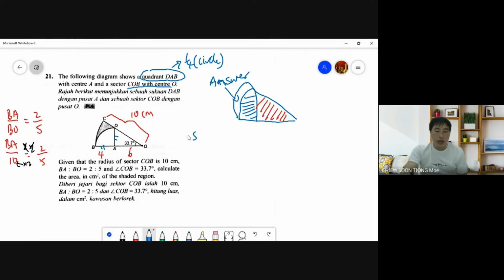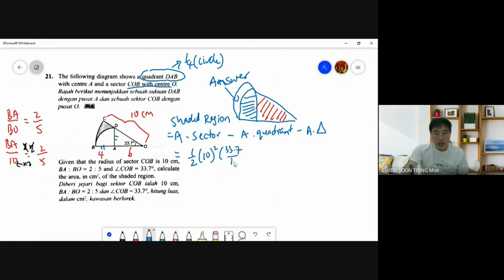So you write down area of sector minus area of quadrant minus area of triangle. This one is called shaded region. Okay, so area of sector we know 1/2 r square theta. Remember change to radian.